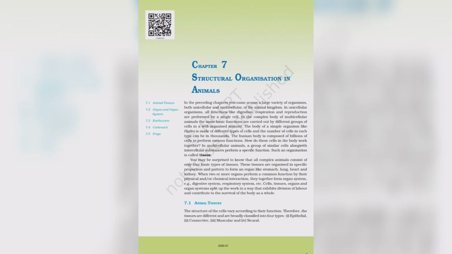In the case of animals, this refers to the external appearance of organs or parts of the body. The word anatomy conventionally is used for the study of the morphology of internal organs in animals. You will learn the morphology and anatomy of earthworm, cockroach and frog, representing invertebrates and vertebrates.